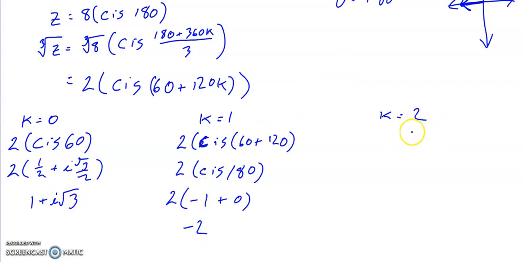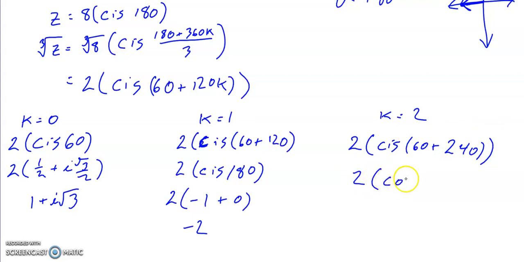And the other two are the imaginary roots. This should give me another imaginary root, because imaginary roots always travel in pairs, if you remember. So we're going to do 2 times cosine plus i sine of 60 plus 120 times 2, which is 240 plus 60, so 300. 300 has a reference angle coming down of 60.